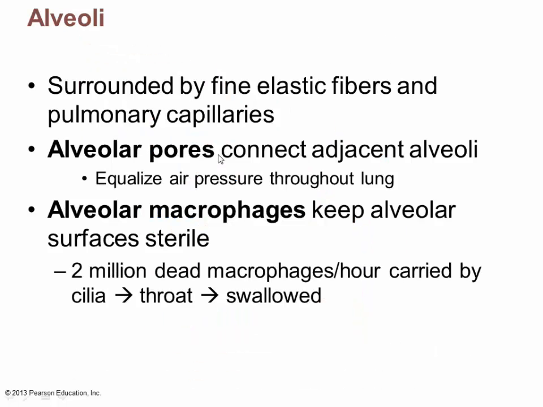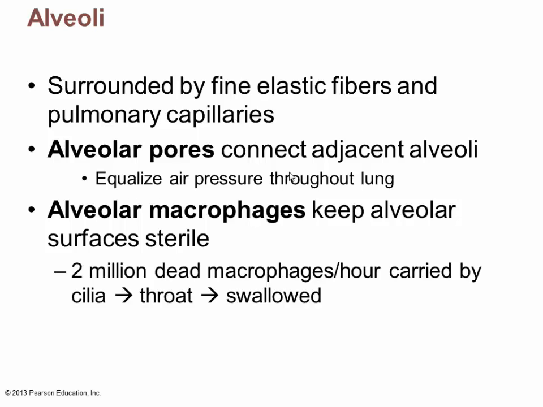It's a good thing. It helps equalize air pressure throughout the entire lung, and it also provides some alternate air routes. If you ever have any damage to any of your alveoli, you can still get air into some of the alveoli.